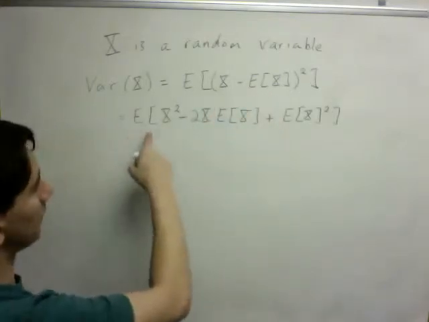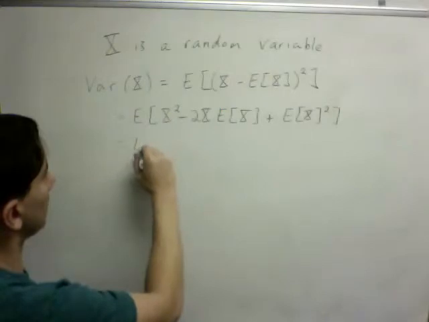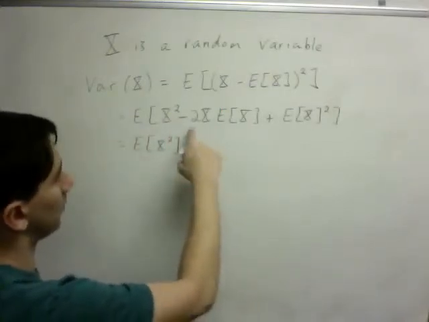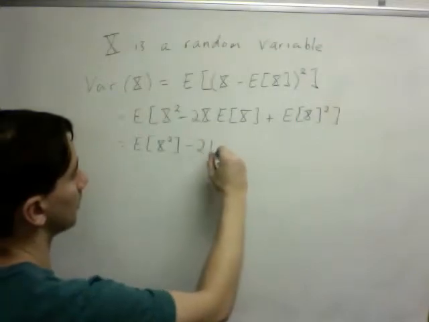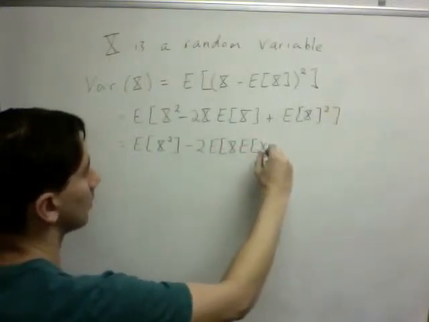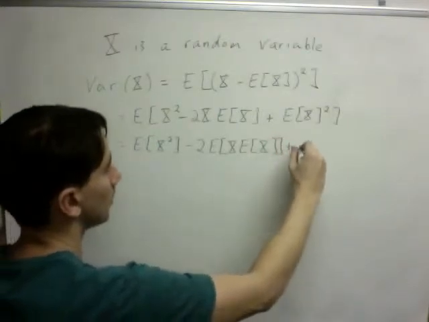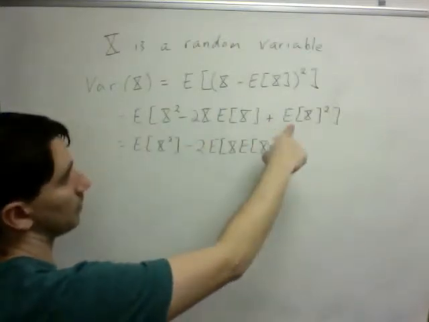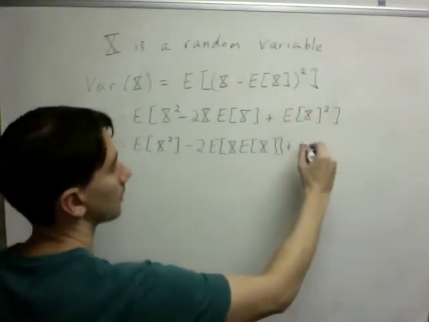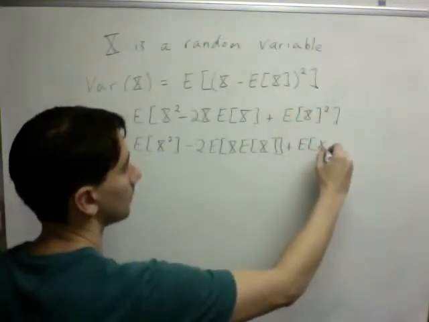And now let's use the linearity of expectation. So this is equal to the expected value of x squared minus, and I'll pull out the constant, so 2 times the expected value of x e of x, plus, and the expected value of a number is just that number, right? So e of x squared, this is already just a number, so this is just e of x squared.